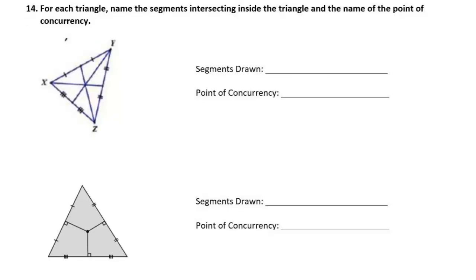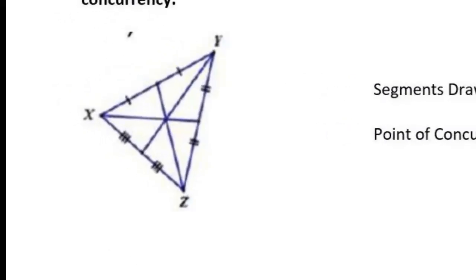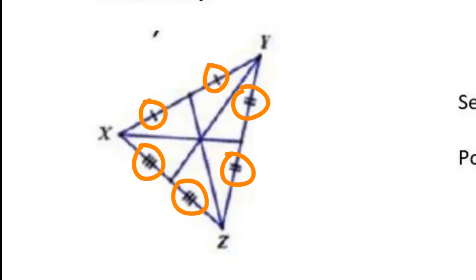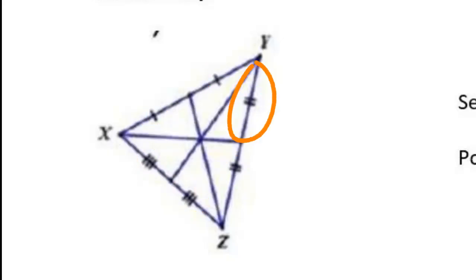All right, so flipping back here. I notice these markings right here. What do we use those markings to show? Congruence. It's saying that this segment is congruent to this segment. So what do I call this point?